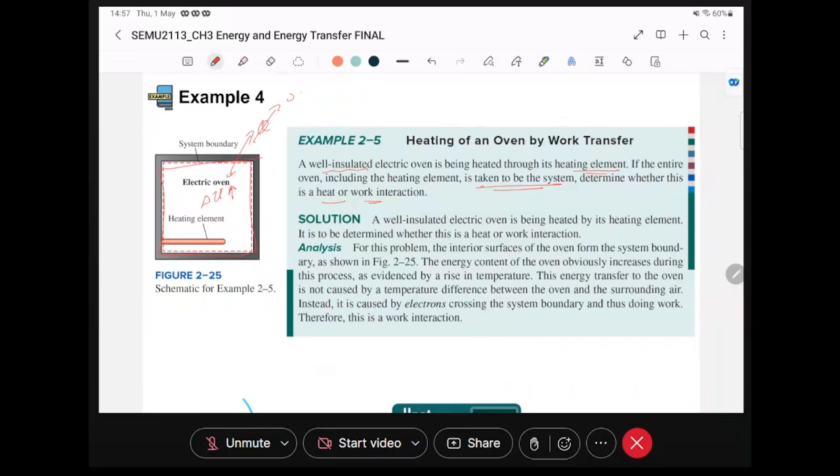So if it's not because of the heat transfer, then therefore it must be because of the work. So there is a work transfer in this well-insulated electrical oven when it is running, of course, when it's heating through the heating element. So that work is basically the electrical work. Okay, and because it's going into the system, this work is negative.